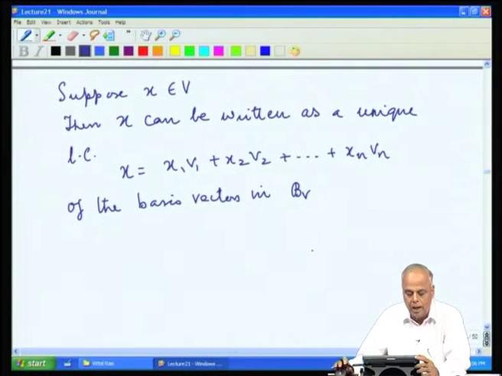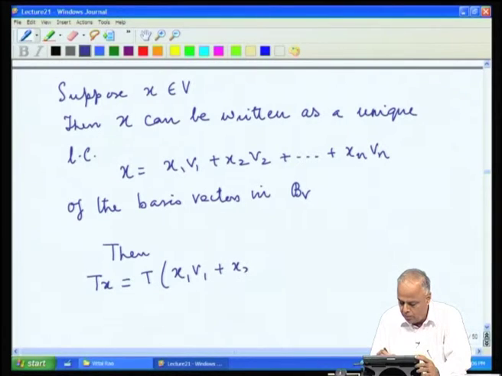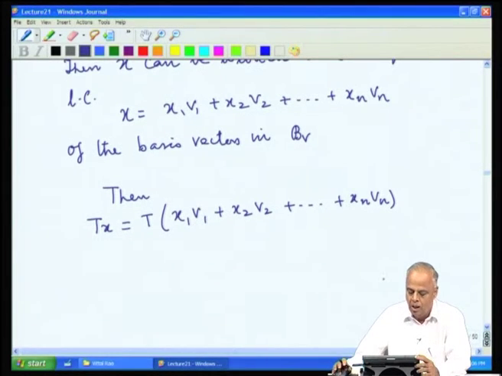Now, once we do that, we want to know what is Tx. Then Tx should be T of x1 V1 plus x2 V2 plus xn Vn. Now, we would like T to be linear. We are trying to define a linear transformation.